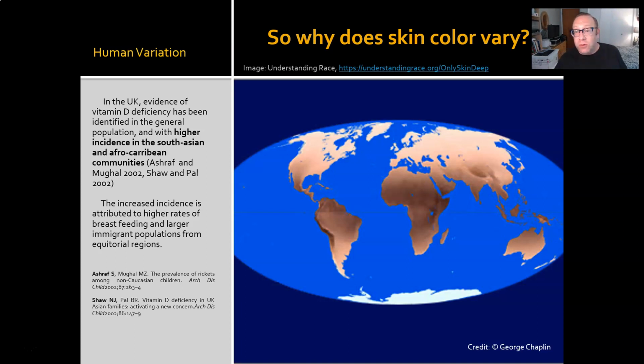Ultraviolet light not only helps synthesize vitamin D, it also breaks down folate. Unfortunately, if you are pregnant, there is a very crucial period when you need extra amounts of folate in order for your child to develop. The embryo starts to form what's called the neural tube, which is going to turn into the spine and the brain, the nervous system, right?